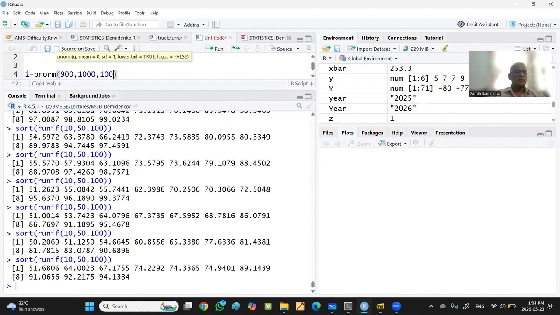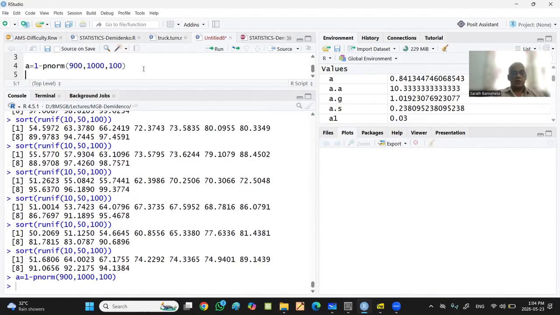I will give a label for this, say A. This is the probability that any bulb will have lifetime greater than 900. Right. So P1 will be then A to the power 10. All the bulbs, each bulb, the probability that each bulb has lifetime more than 900 hours. Right. So A to the power 10.